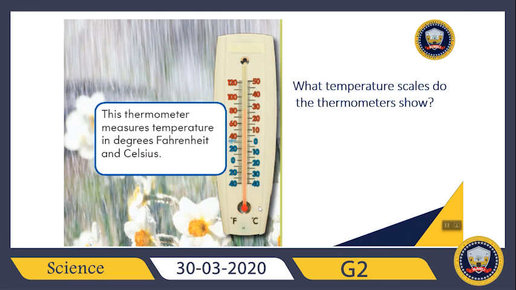On the right we can see C, Celsius, the name of the degrees. On the left we have F, Fahrenheit. For example, I can say the temperature here is 80 Fahrenheit degrees.